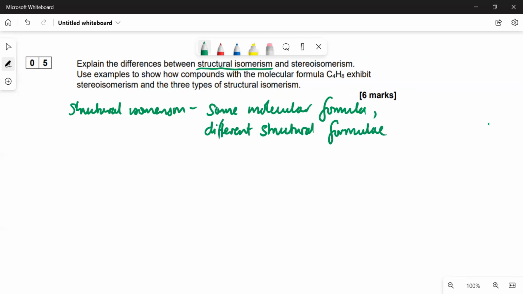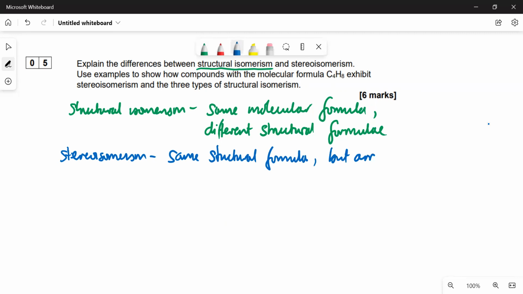Whereas stereoisomerism, I'll probably come back to this later, but I'll put it in now. Stereoisomerism: you need to say it's got the same molecular and structural formula, but a different arrangement of groups or atoms in space.